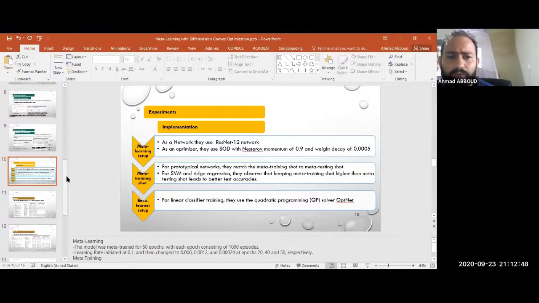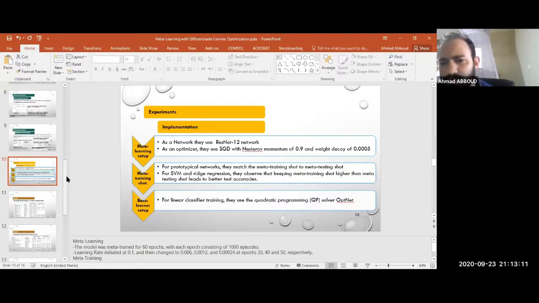So let's go to the experiment. How did they learn the meta-learning model? First, the network, by which I mean the core network, the part before the head or the classifier. In general they use a ResNet-12 network.